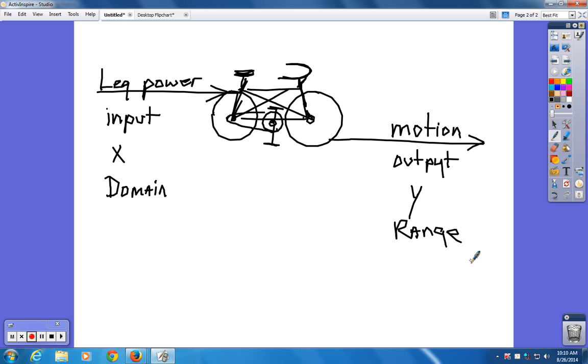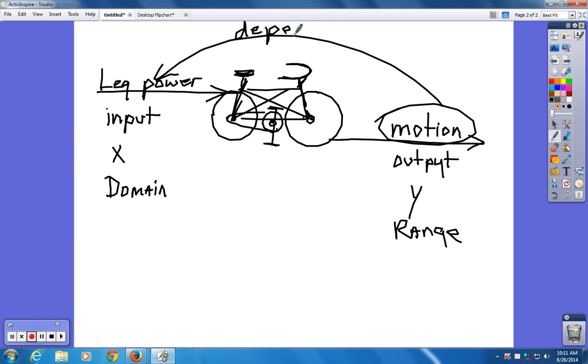Let me ask you a question. If you want to go faster on the bicycle, what do your legs do? They pump harder. If you want to go slower, your legs pump slower, not so hard. So the motion of the bicycle depends on what?